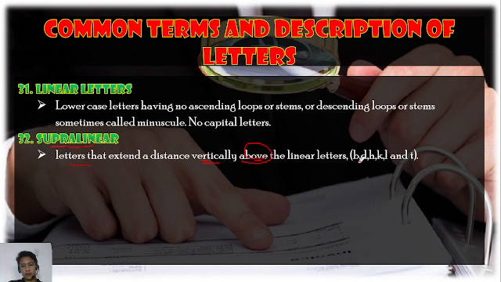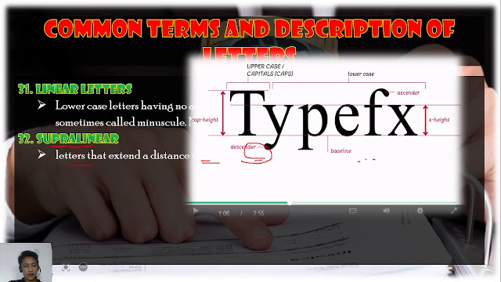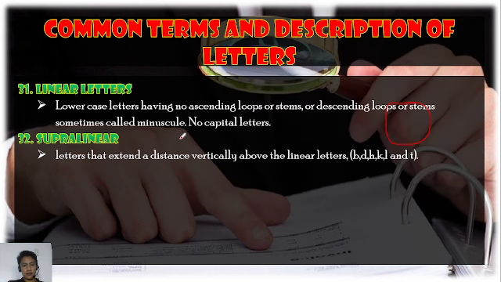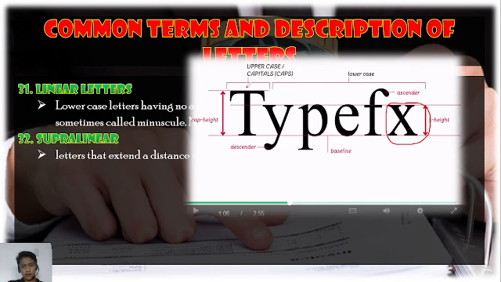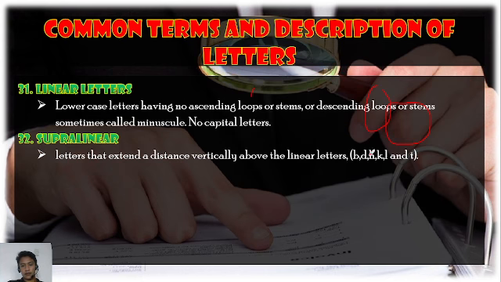Katulad na lang po ng letter B, D, H, K, L, at saka T. Kung kanina ay hanggang sa cup line or middle line lang, ang ating supralinear po ay katulad ng big letter T, big letter F, big letter D, or big letter H.